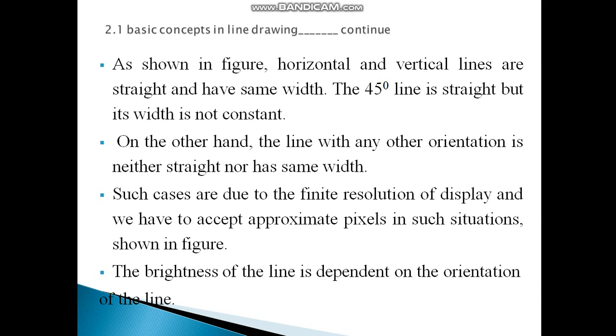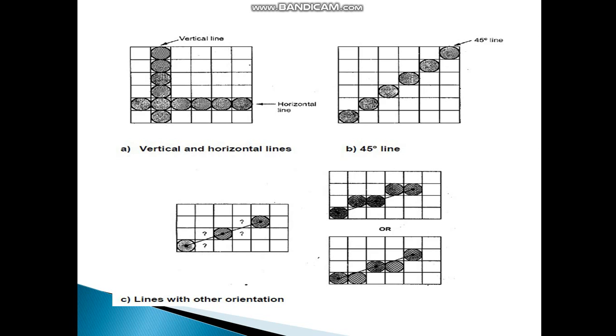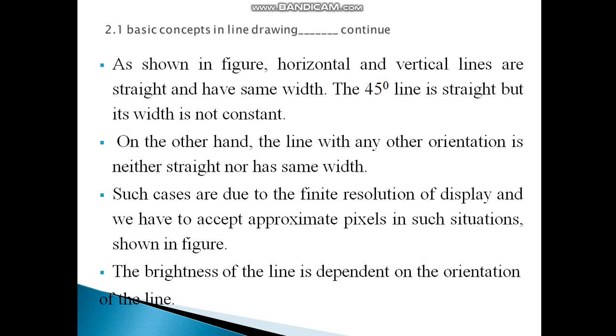Such cases are due to the finite resolution of the display, and we have to accept the approximate pixels in such situations as shown in the figure. Means here is one pixel and we find the next pixel with the help of this pixel. Means the approximate pixel is found.